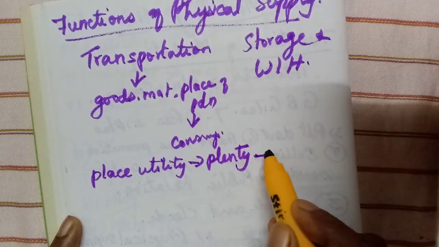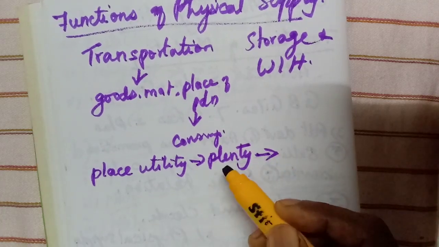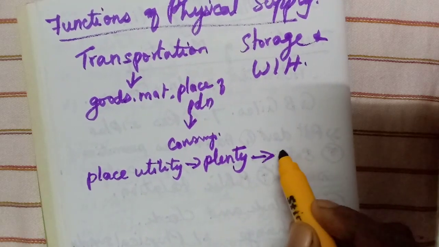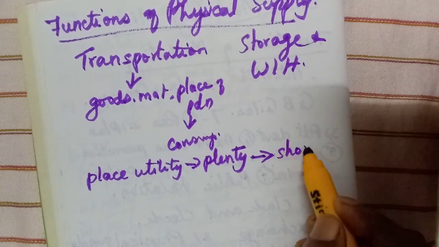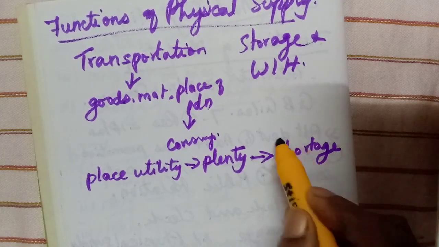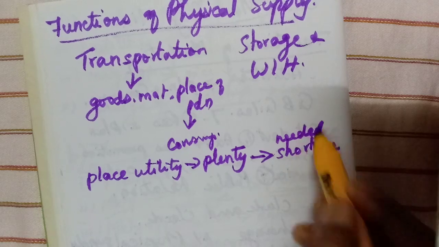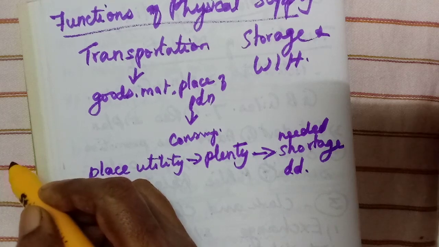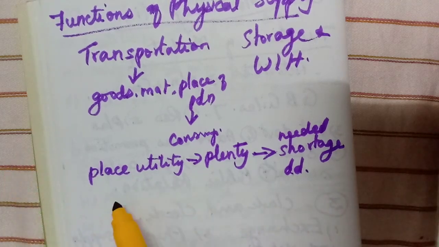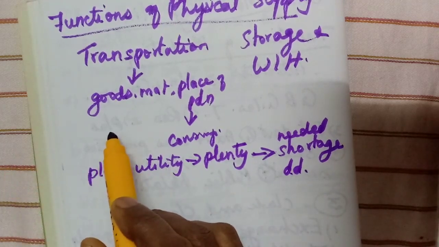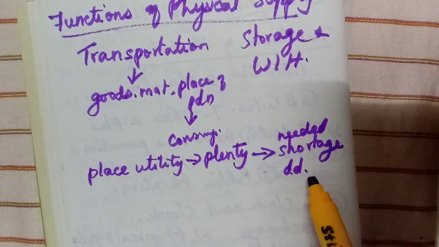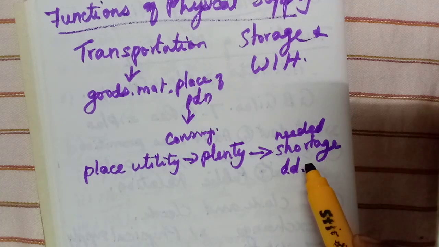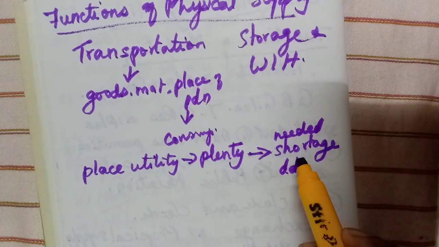The goods are transported from the place where they are available in plenty to the place where they are in shortage, where they are needed or demanded, from where it is produced to where it is consumed.